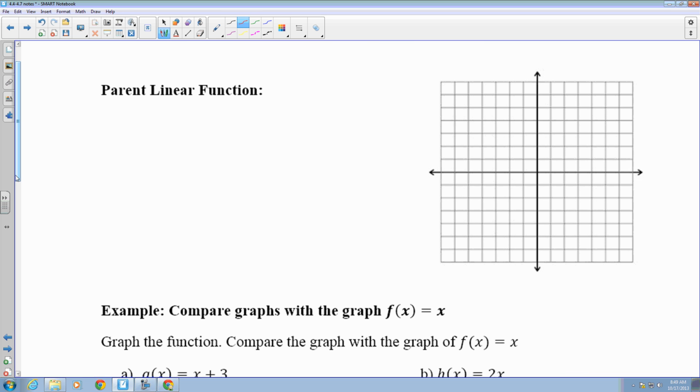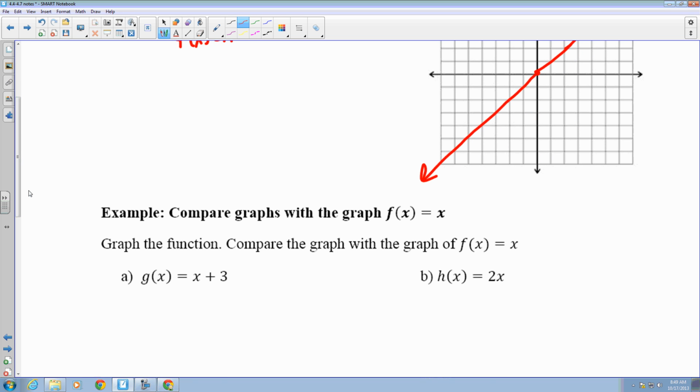Okay, we have a parent linear function. The parent linear function is f of x equals x. So the slope is 1, the x-intercept is 0. So that's going to look like this, something like that.